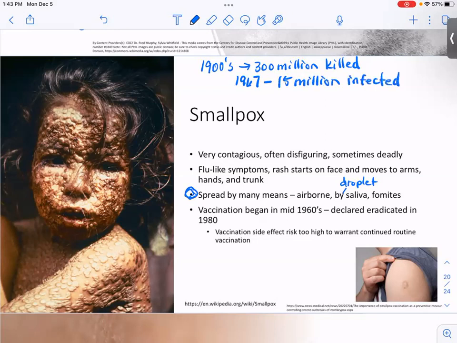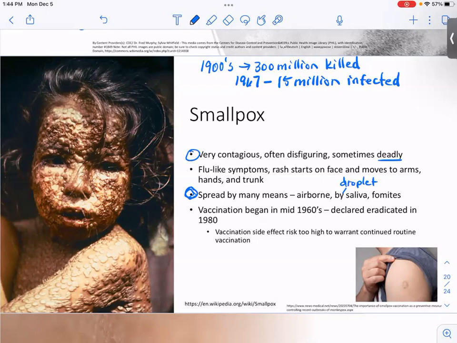So again, we had the vaccine at that point. Still, just a horrendous disease, contagious, disfiguring. When those smallpox sores healed up, it often scarred, sometimes deadly. It just caused overwhelming inflammation. Patients went into shock, and that's typically what caused death.